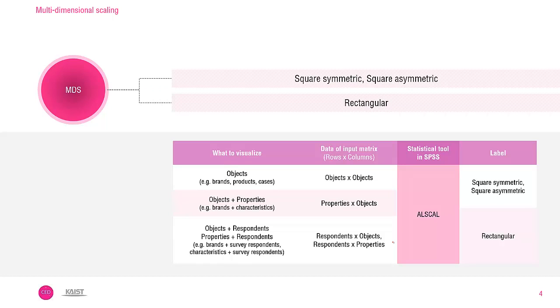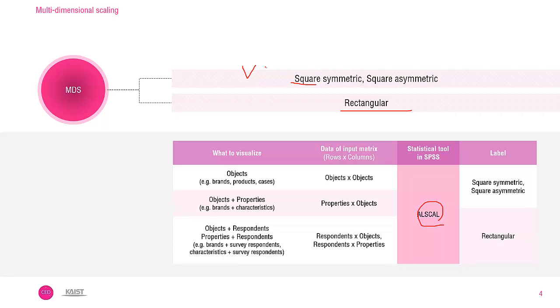In MDS, depending on what you want to visualize, you simply need to make up the data matrix. In SPSS, ALSCAL covers both square and rectangular shapes of a data matrix. When the data matrix is a square, it indicates not only that the sizes of a row and column are identical.